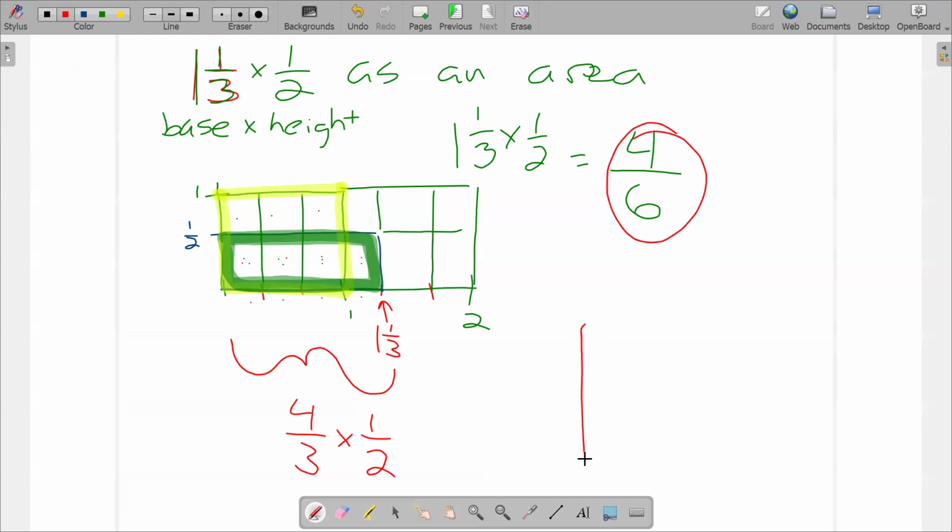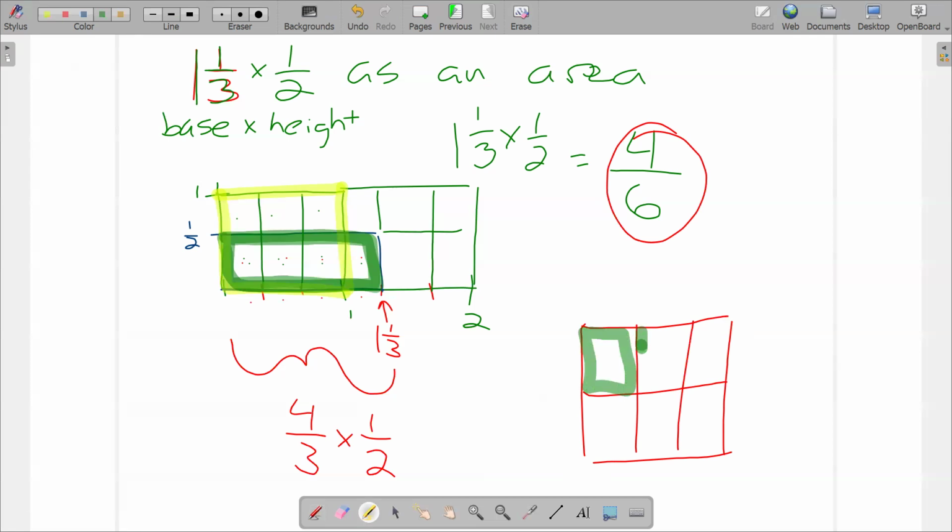If I put those together in one whole that's cut in half and then in thirds, you can just put them in any way you want. I'm going to put them in a convenient way here. I'm going to drop them in as 1, 2, 3, 4.